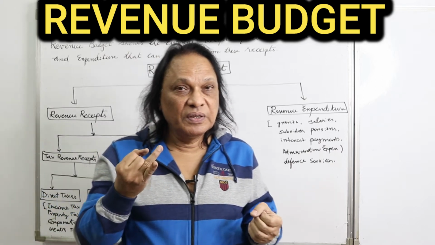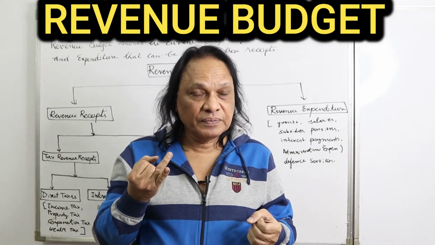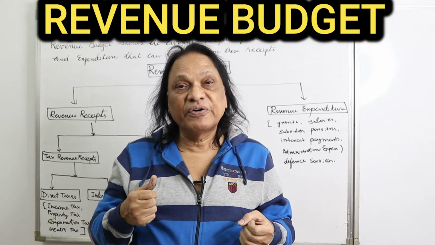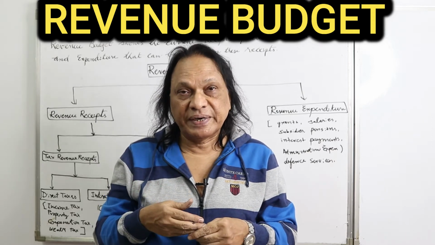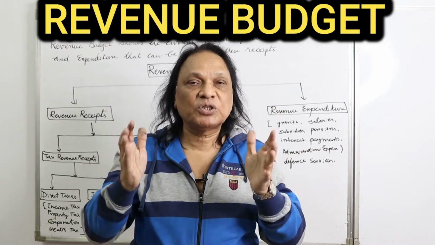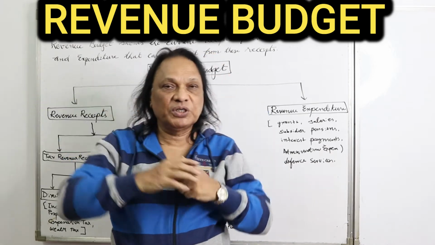Number 2, reducing inequalities of income and wealth. Number 3, price stability and economic stability. And number 4, taking care of public enterprises. And we also discussed the government budget has 2 parts. One is the revenue budget, the other is a capital budget.